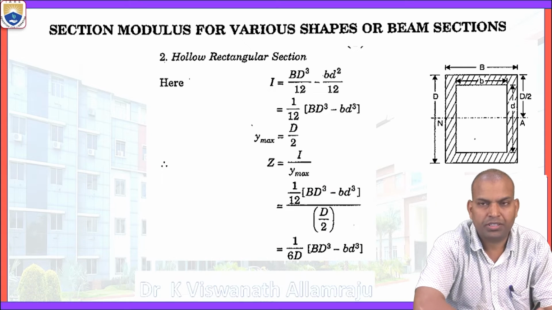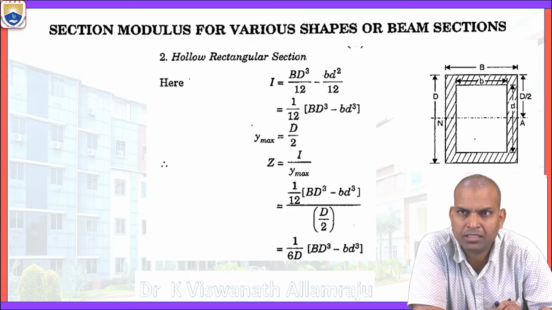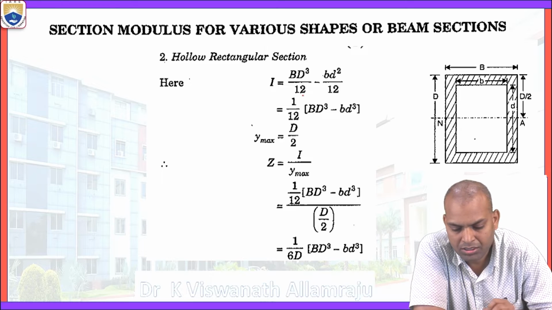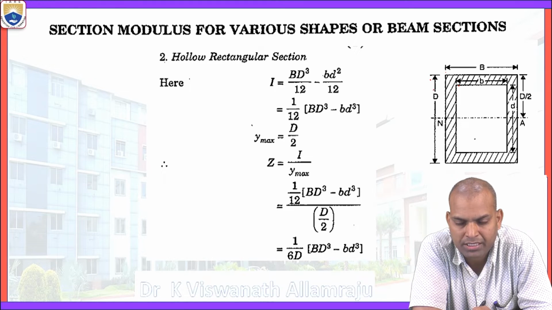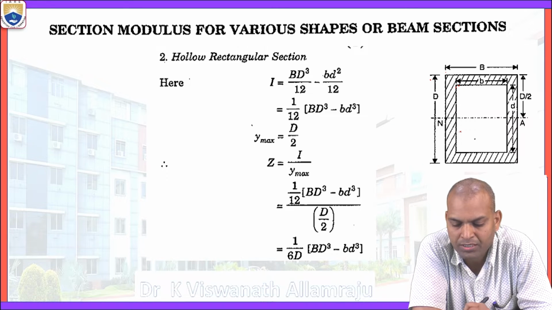Next, another section, a hollow rectangular section. This is a hollow section. The outside, larger width is capital B, the inner width is small b, and capital D is the outer depth, and the inner depth is small d. Now what is the I value?